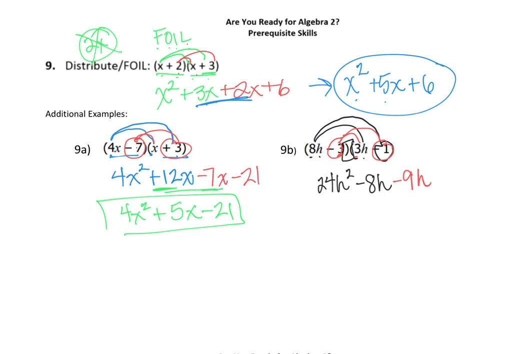Negative times a negative is a positive. Now notice I only have that h squared right here, so it can't combine with anything else. So we have 24h squared. My middle two terms both only have 1h. They're like terms. So minus 17h, that's what -8 and -9 combine to, and then positive 3.